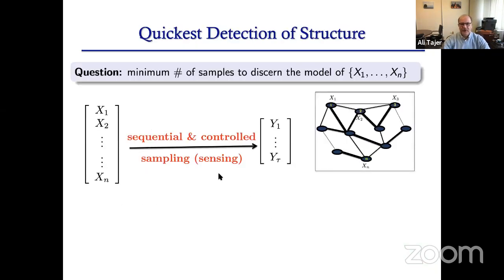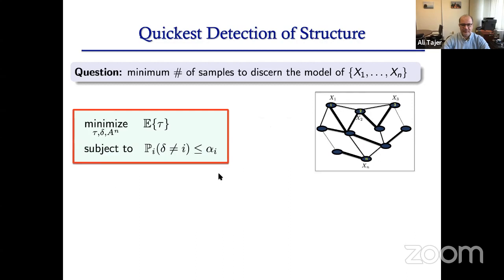Again, remember the problem is that we want quickest detection of the structure of the network, under which we have a potentially very long vector x1 up to xn. We want to downsample it somehow, select only a subset of these samples via controlled sensing, and then have a smaller vector, and based on that, make a decision about the underlying model.